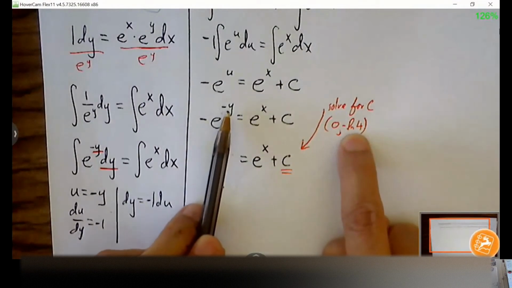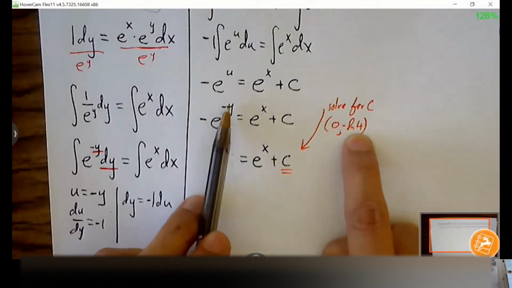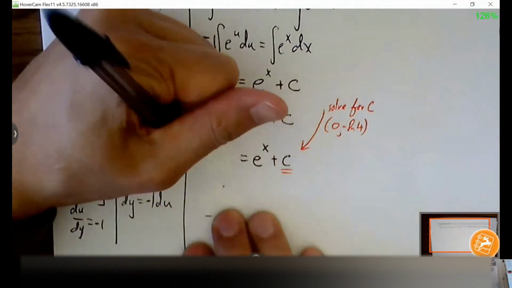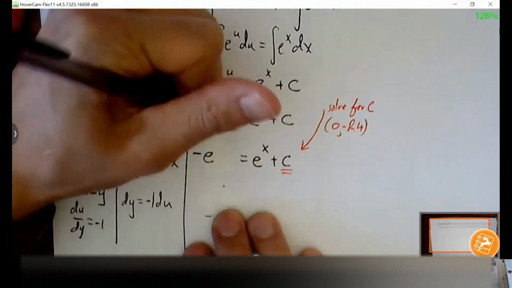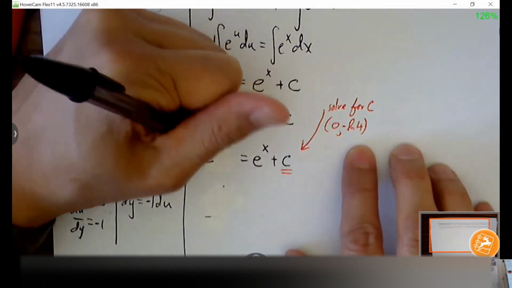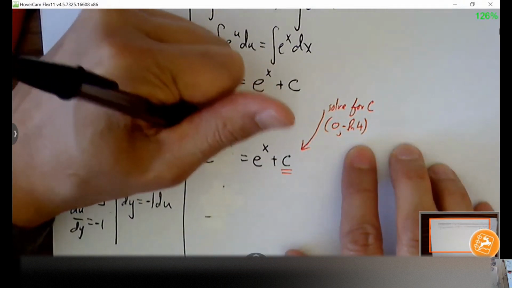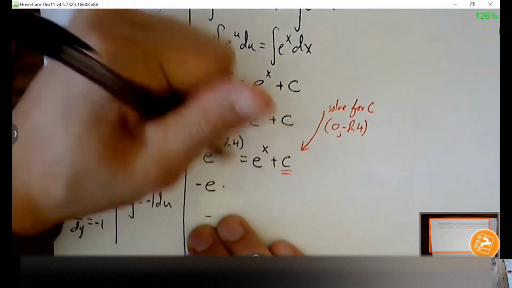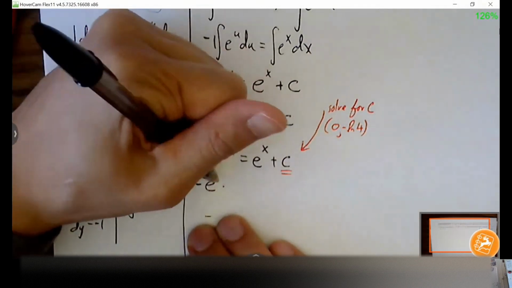Go ahead and insert that negative natural log of 4 in for y, and the two negatives will cancel out, and then it'll be a lot cleaner rather than moving it down. Two negatives cancel out.